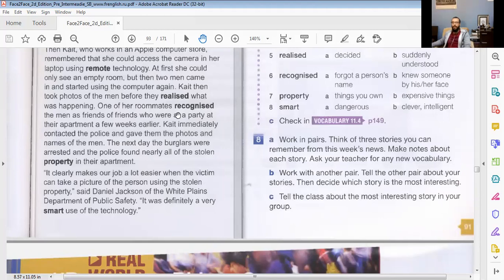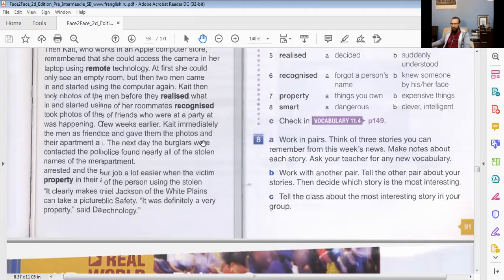Verb. Right. They and one of her roommates recognized? Verb. Stolen property? Noun. It was definitely a very smart use. Smart? Adjective. That's correct. That's right.